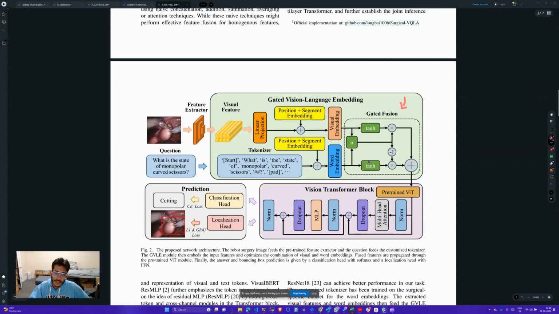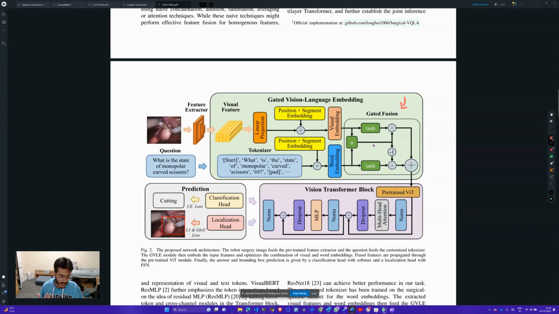And why do they do this? Well, it's because, this is another point that they raised in this paper, the current way of concatenating or mixing the word embeddings with visual embeddings is very rudimentary, and it's not robust.